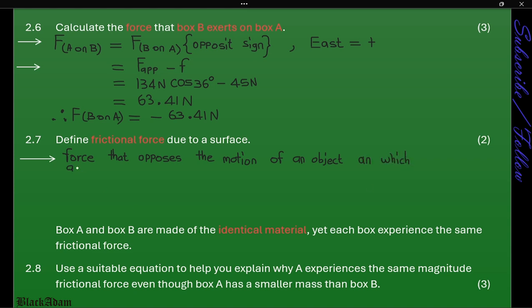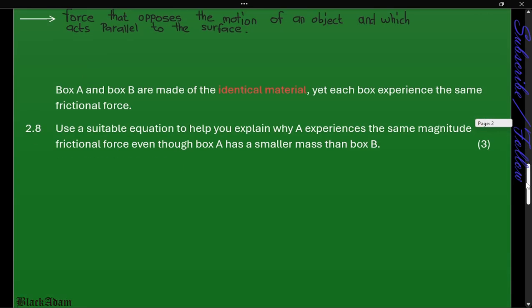Remember, when it's in the mud with less resistance, it cannot move. So the engine pulls the car one way, and the friction pulls the other way. So it's the force that opposes the motion of an object and acts parallel to the surface. It opposes direction and is exactly parallel.